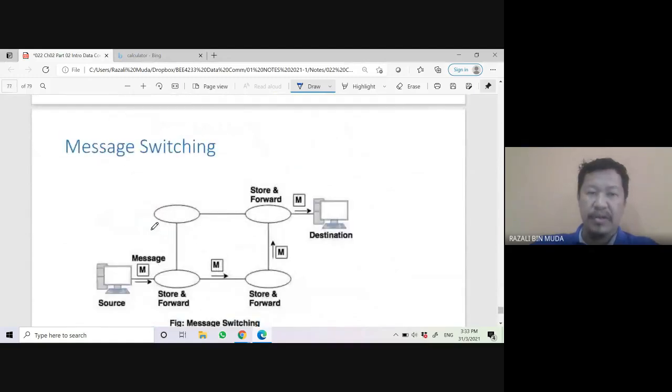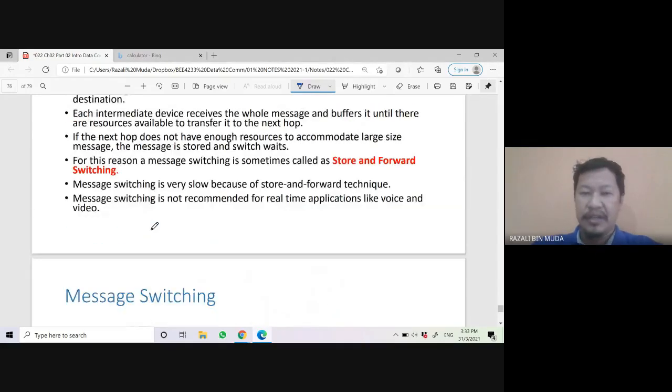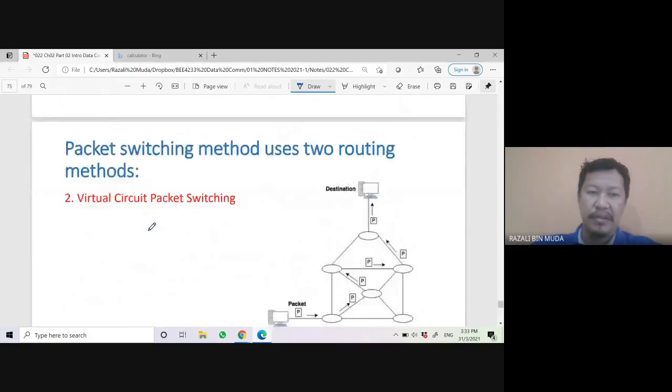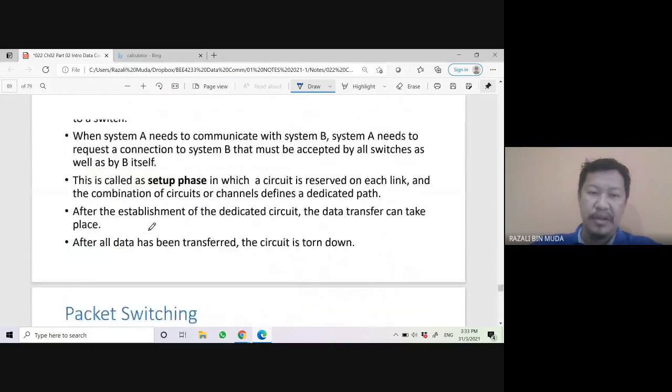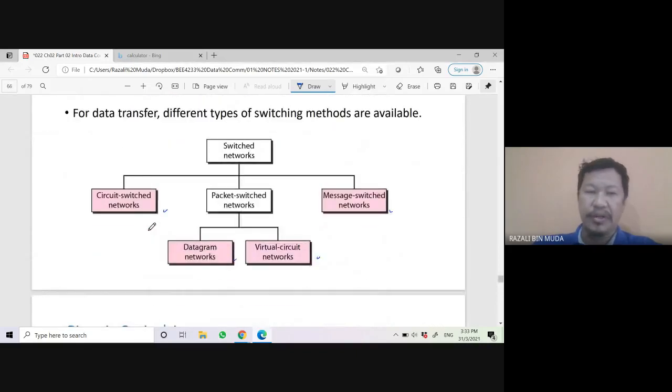Okay, that's all, so we finish our second chapter. You might read yourself the last part of this, which is about switching networks: circuit switch network, packet switch network, and message switch network.